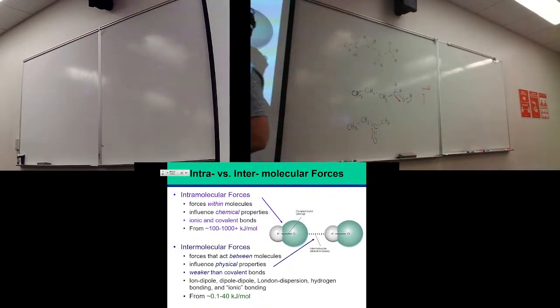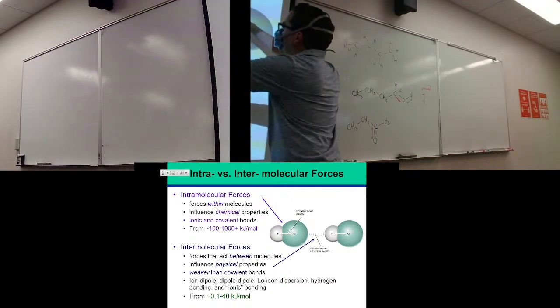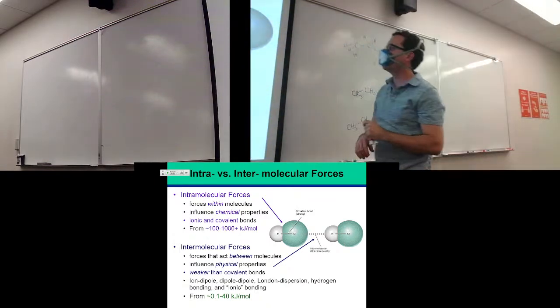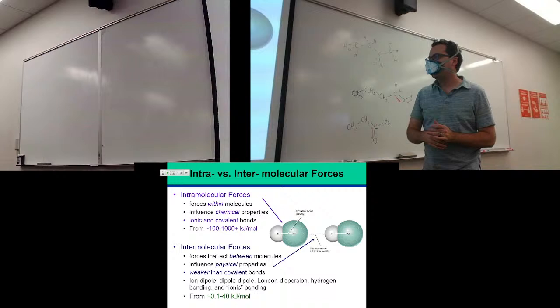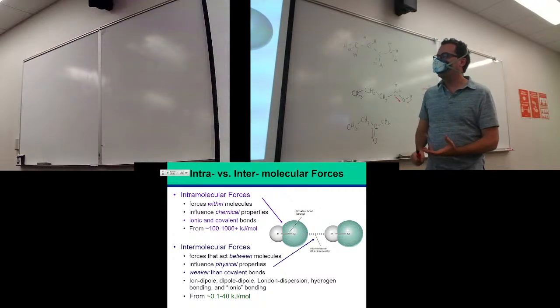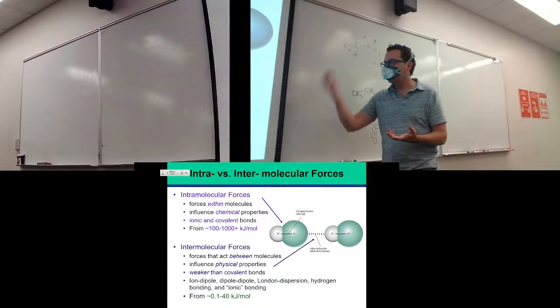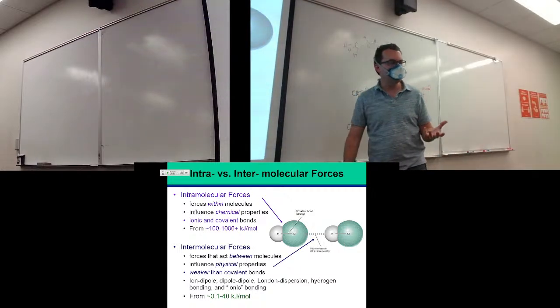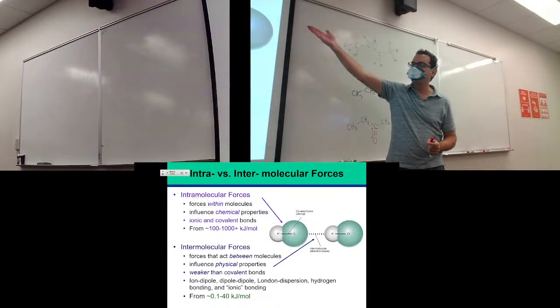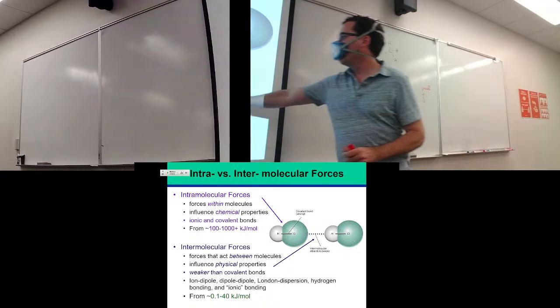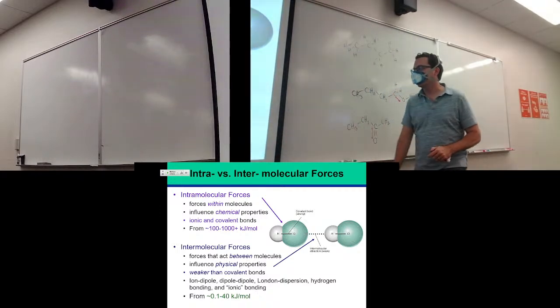An actual covalent or ionic bond takes a lot of energy to break, but if you are breaking the force between two different water molecules, two different HCl's, like this force holding those two molecules together, you don't need to put much energy into it. It could be very, very little sometimes, to somewhat significant, but still pretty weak. So 40 kilojoules per mole is not nothing, but it's still a lot weaker than a regular bond.